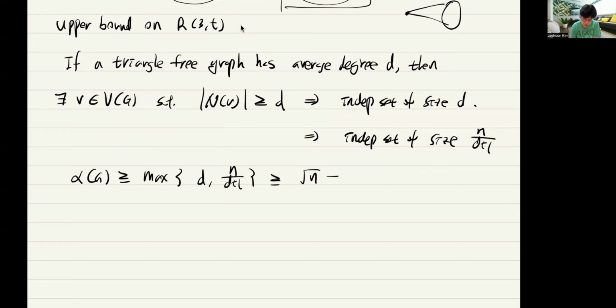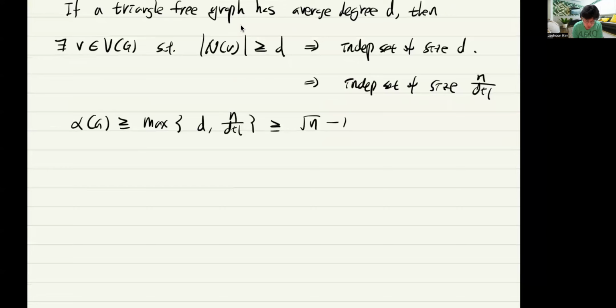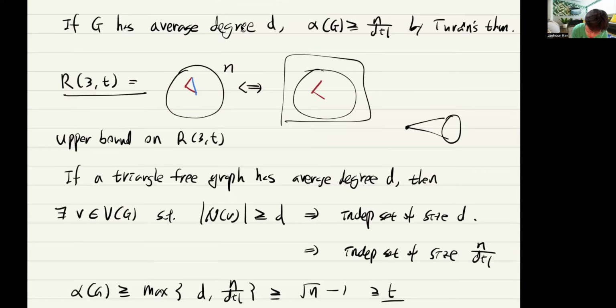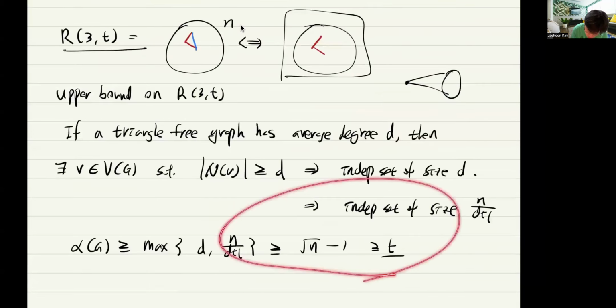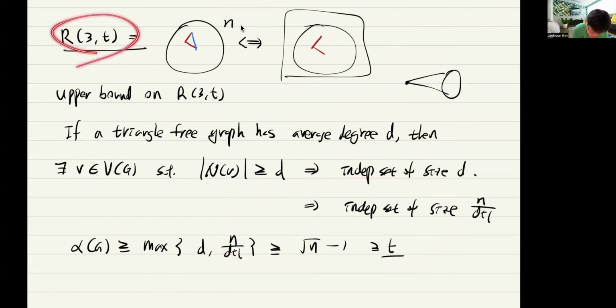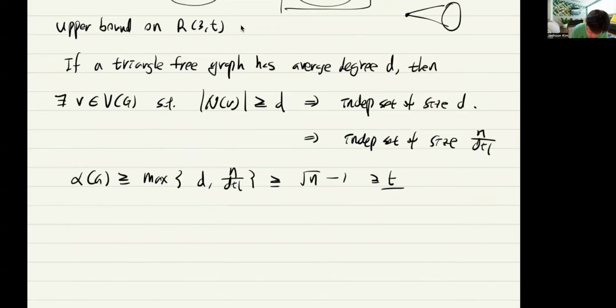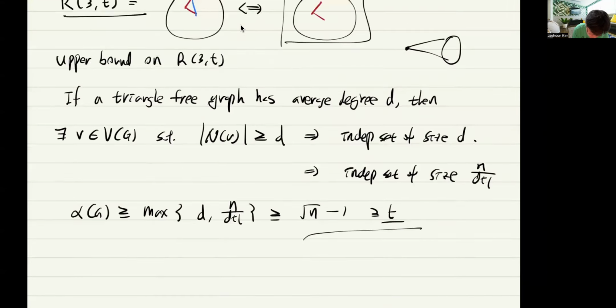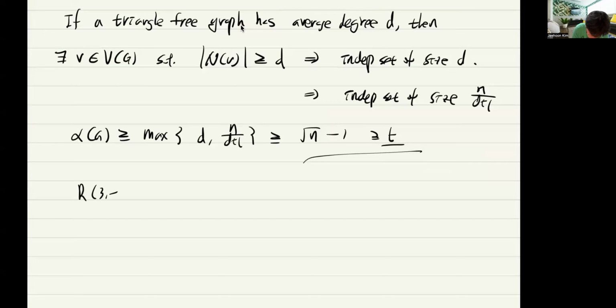To be safe, let's say square root of n minus 1. So then what do you know? If this is bigger than t, then we get an independent set of size t, showing that we get the upper bound here. When does this become at least t? When n is t squared. So this shows an upper bound like this.